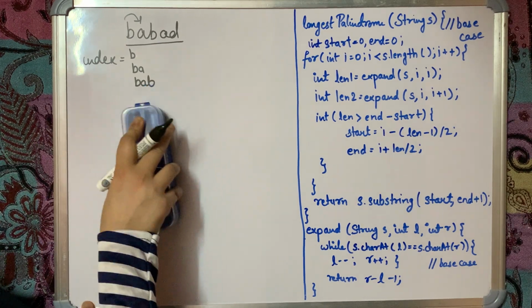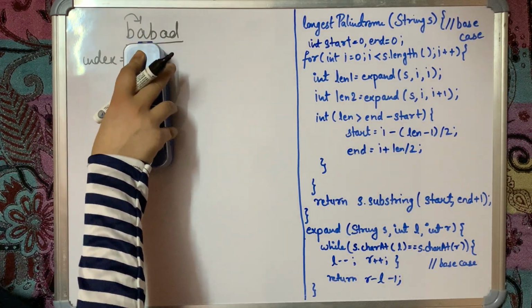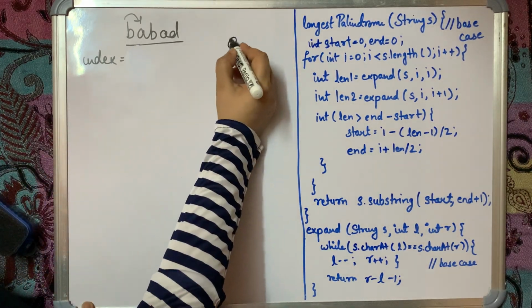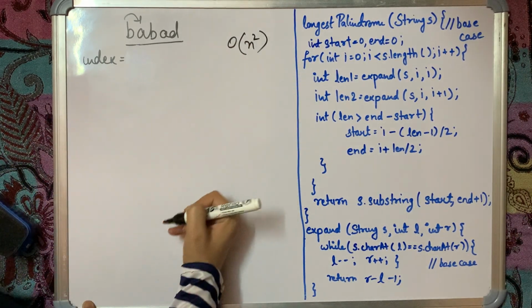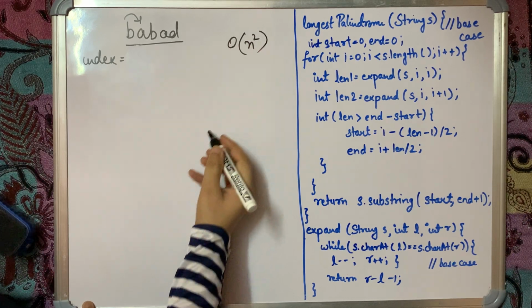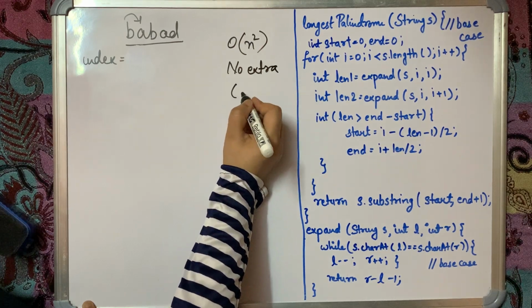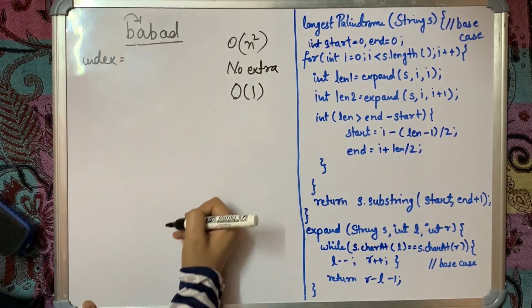That is the brute force approach, but here we will discuss a bit optimized approach, which is O of n square time complexity with no extra space, you can say O of 1.